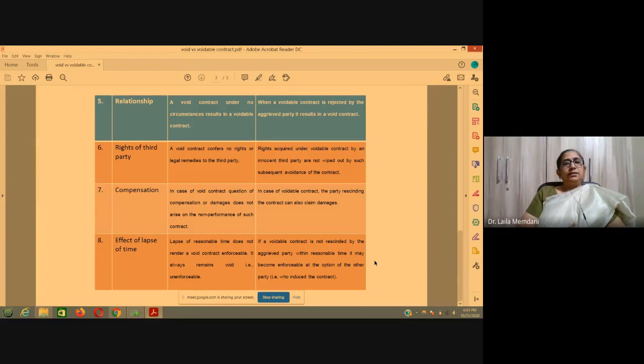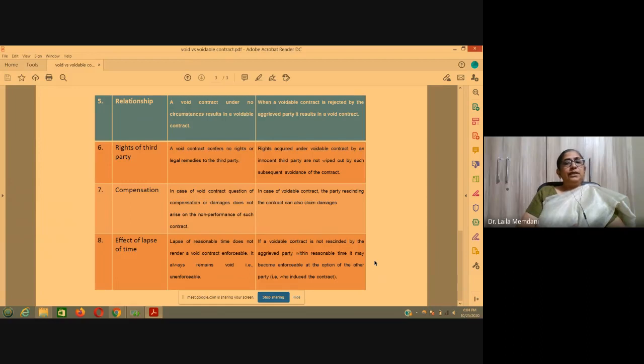Compensation: in case of a void contract, the question of compensation or damages does not arise. But in a voidable contract, the aggrieved party can claim compensation. That is, the party who was made to sign the contract at gunpoint or with undue influence can claim the compensation. Effect of lapse of time.